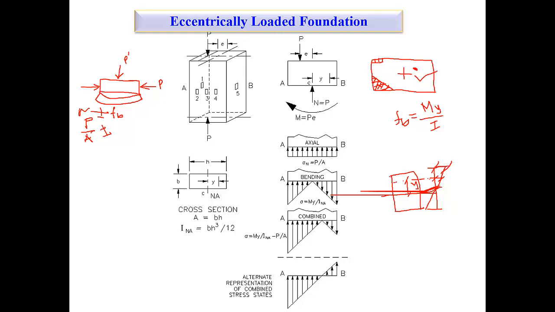This extreme fiber distance from the neutral axis we call C in basic solid mechanics. So the maximum is Mc over I. Do you get the point?